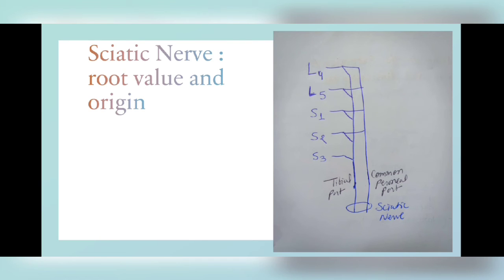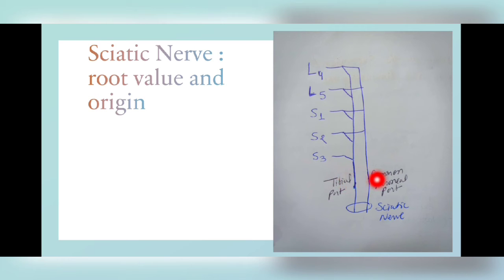Now next are some details about the sciatic nerve, its root value and origin. Sciatic nerve is L4, 5, S1, S2, S3: ventral rami L4, L5, S1, S2 and S3. The ventral divisions of L4, L5, S1, S2 and S3 form the tibial part of sciatic nerve, and the dorsal divisions of L4, L5, S1 and S2 form the common peroneal part of sciatic nerve.